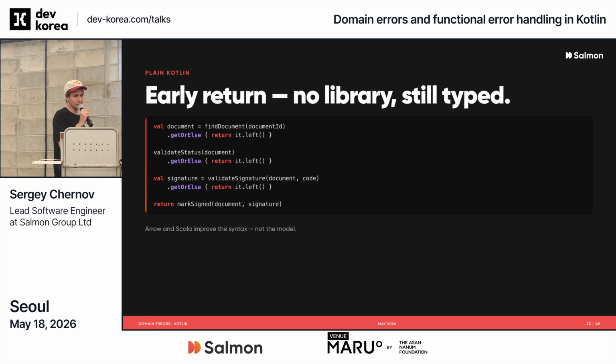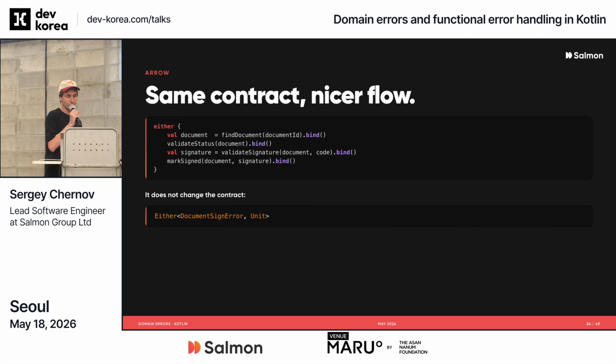It's very flat, but if you add a library, like for Kotlin, you can add the Arrow Kotlin library, and it has some syntax to compose the Either. So you have the either keyword, and you have the bind helper method to unbox the Either.